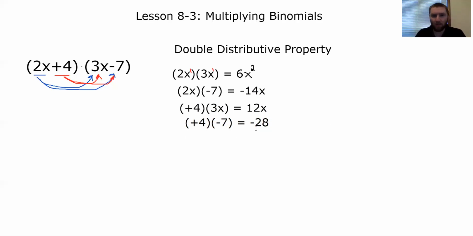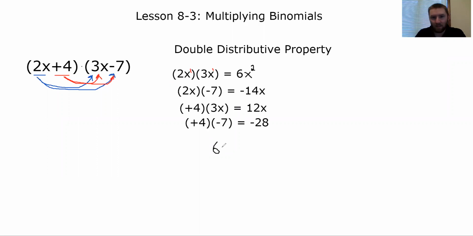So I end up with these 4 pieces from this double distributive property, and I'm just going to put these together in a polynomial. Each of these 4 pieces is going to get added together.